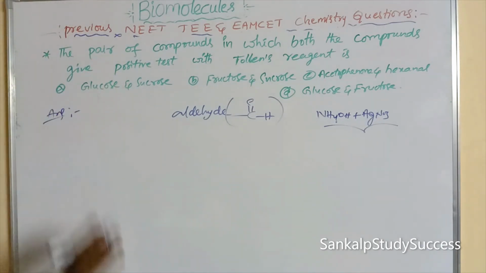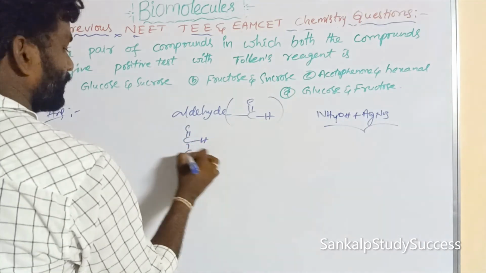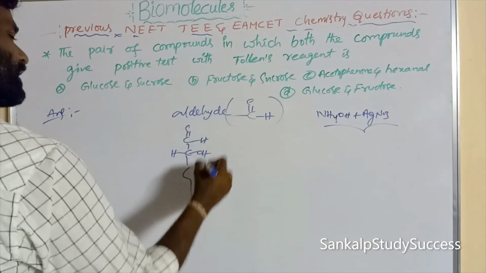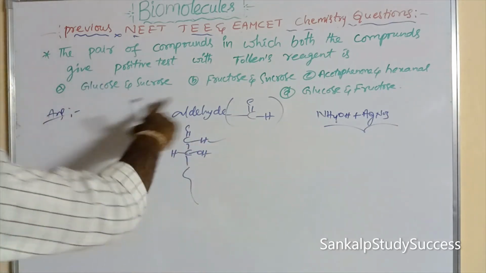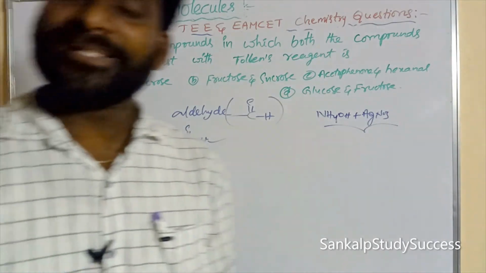Okay, glucose and sucrose. Glucose contains an aldehyde functional group, right? So this gives the Tollens test. But sucrose is a disaccharide, which was already discussed.